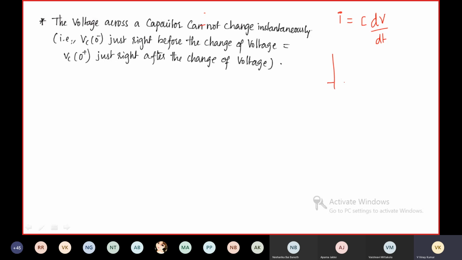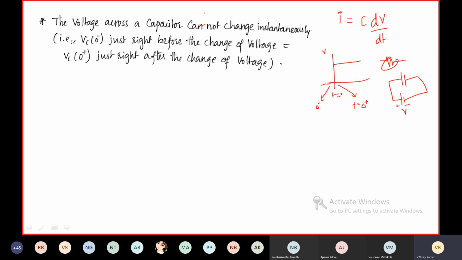So let DC voltage be applied across the capacitor, right? Here, this instant is t is equal to 0 minus, just before the change of voltage, whereas this instant is t is equal to 0 plus, just after the change of voltage.